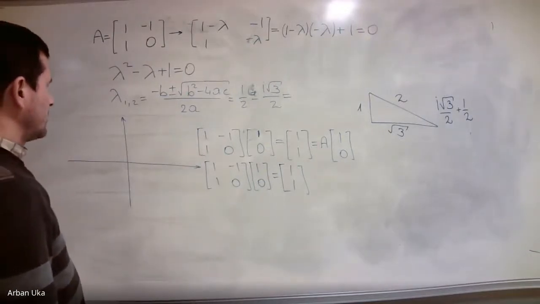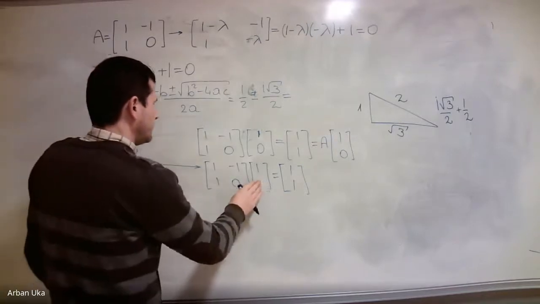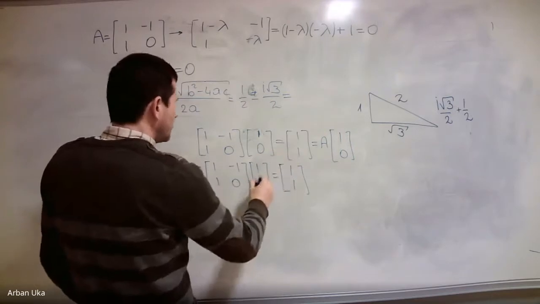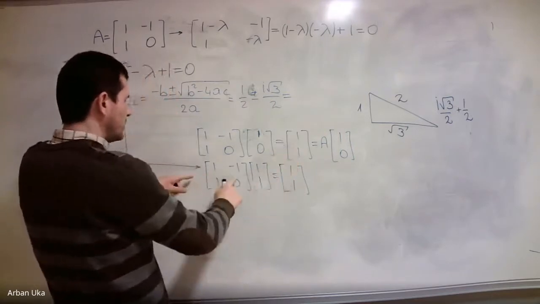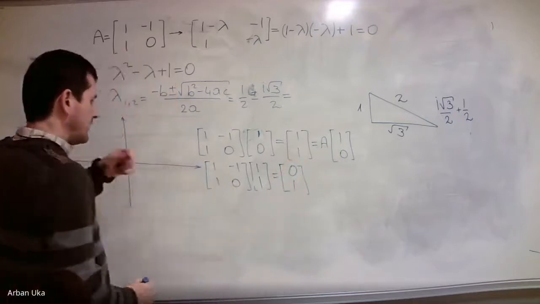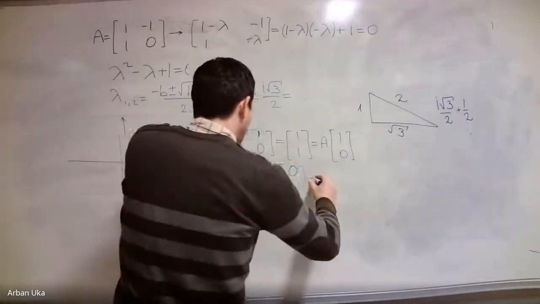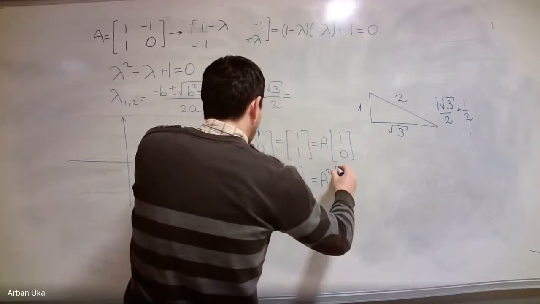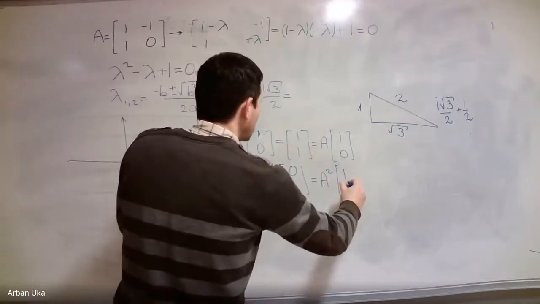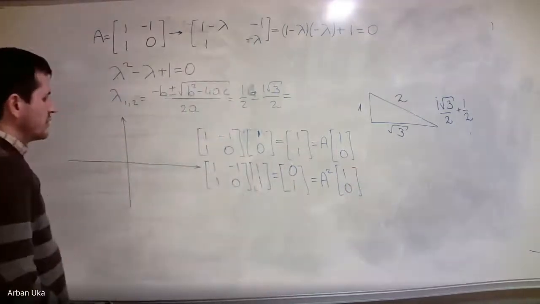No, sorry. So I have to multiply with 1, 1. Then I get here 0, 1, and this is equal to a squared times, okay, because I was multiplying with this one, 1, 0. Now it looks better.